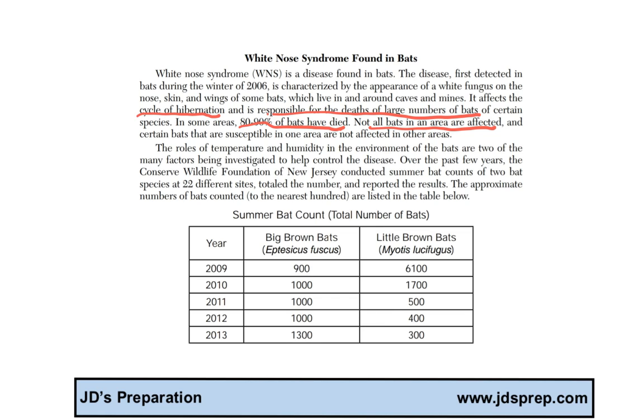And here we can see our summer bat count results. This shows the total number of bats that were counted over 5 years, which were 2009, 2010, 2011, 2012, and 2013. And the 2 species of bats that we looked at were the big brown bats and the little brown bats.